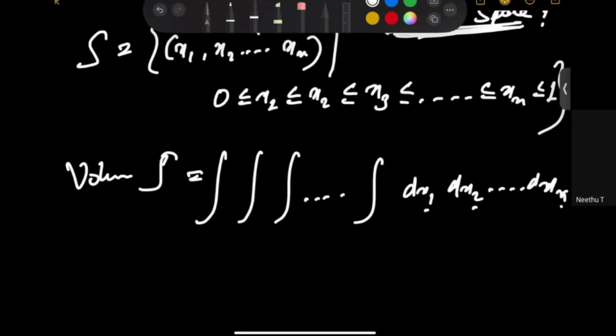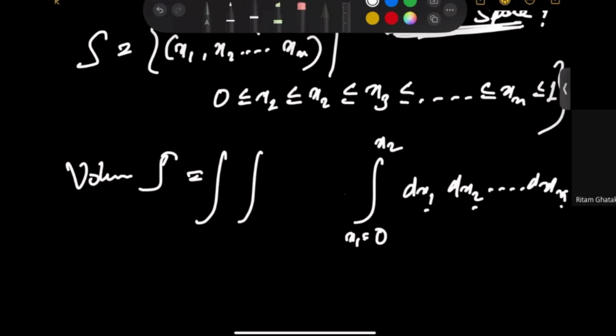Which variable would you put as the innermost integral? Should it be x1? Sir, x1. Exactly. Limits would be? Sir, 0 to x2. The second would be which one? Sir, x2, 0 to x3. Okay, let me just write it.